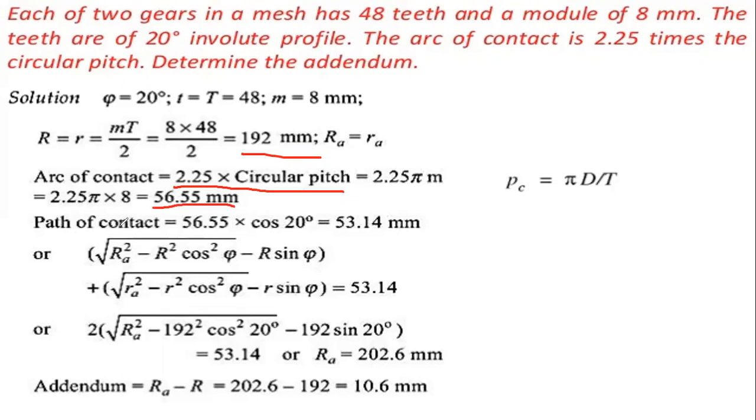Now we are going to find the path of contact also. So the path of contact is taken as the arc of contact into cos phi, that is cos 20 degrees.